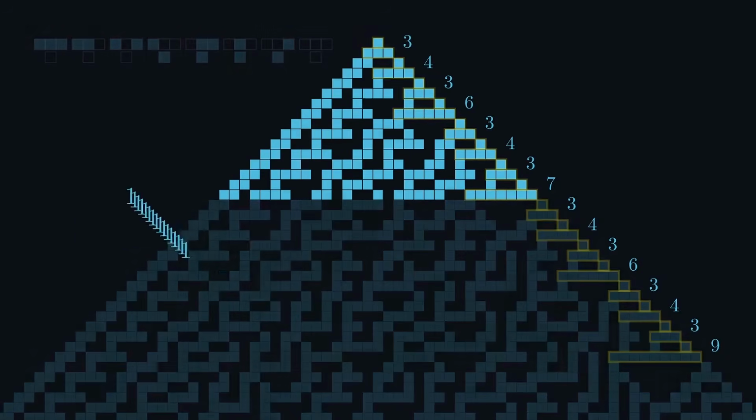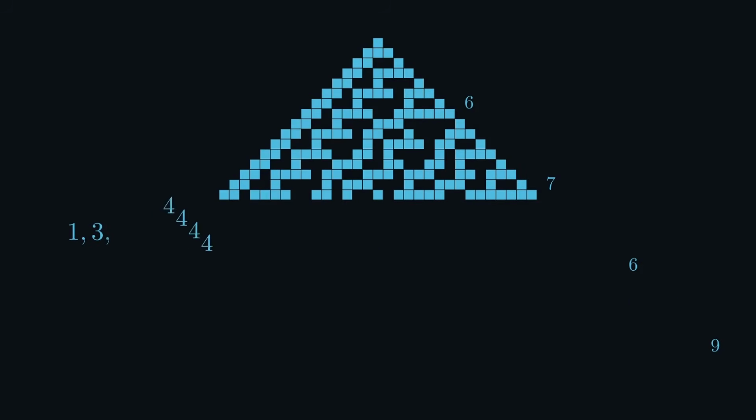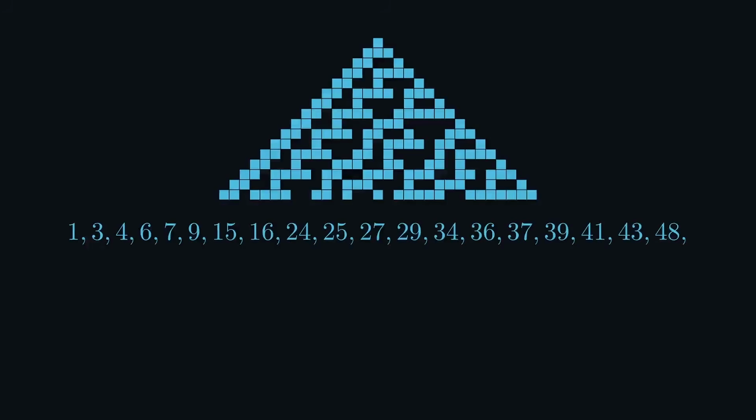The new numbers are 1, then 3, then 4, 6, 7, 9, and we can get more terms by computing more rows. To try to see a pattern, we should get as many as we can. And the nice thing is we don't have to compute the whole array to do it. If we want to know the colors of these 10 squares, we only need to look at the squares that can possibly affect them. That's these 12 on the previous step, and these 14 on the step before that.